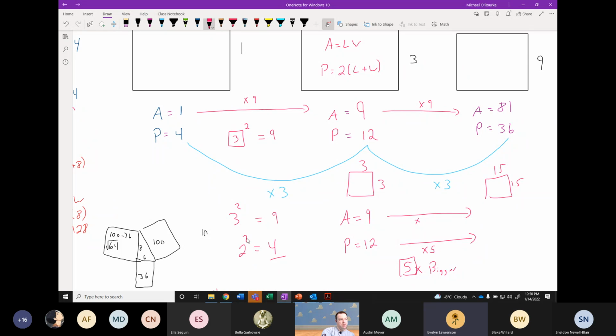When we doubled it, it was 4. When we tripled it, it was 9. If we did it times 5, what would that be? What number would go right here? Just like we had a 9 right there. Not 40.